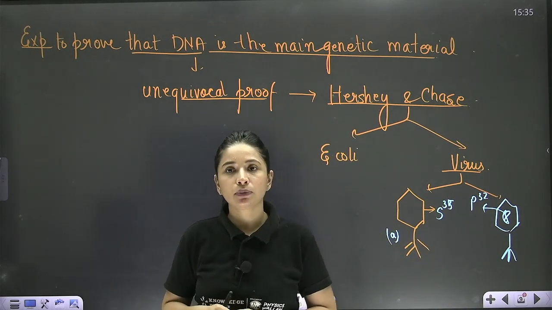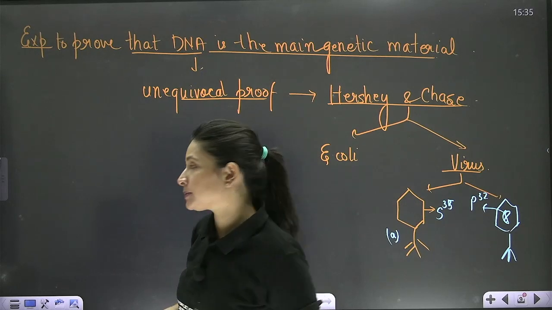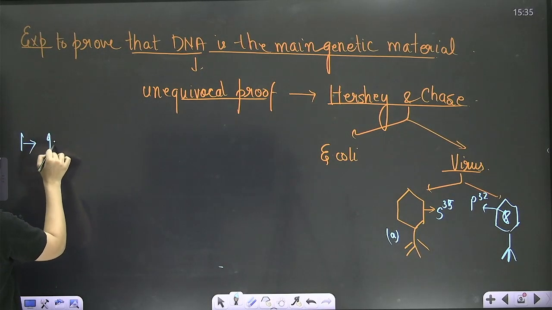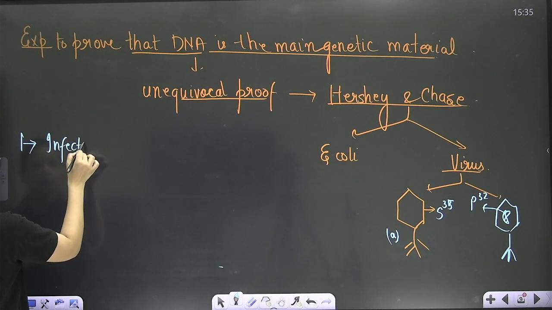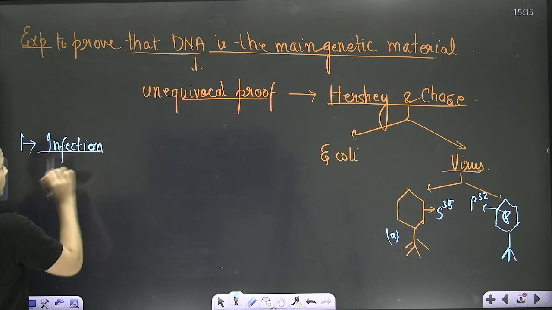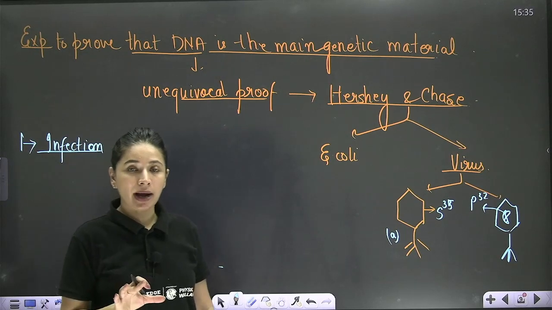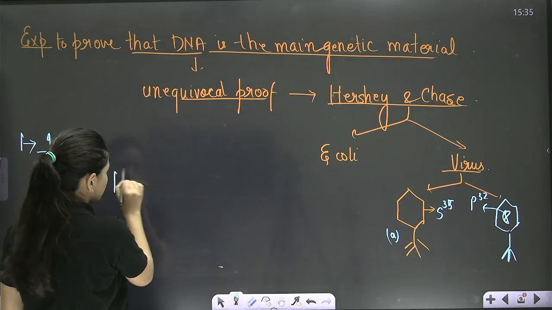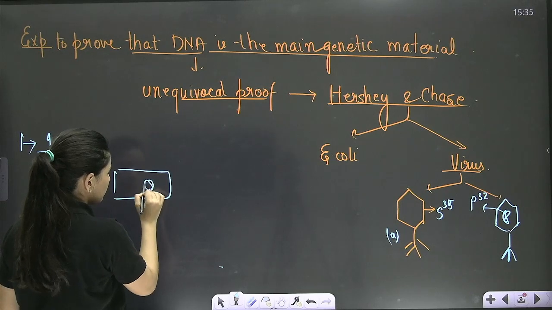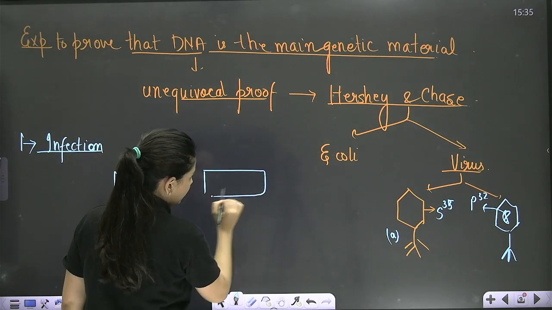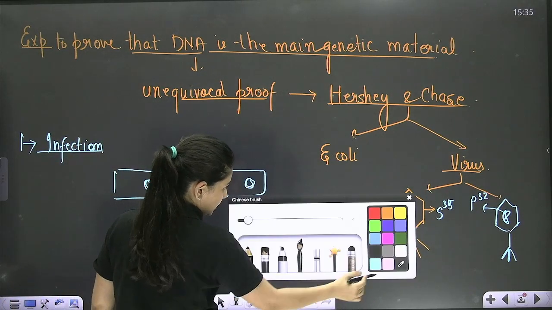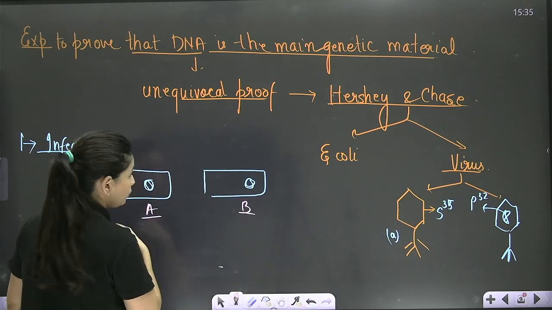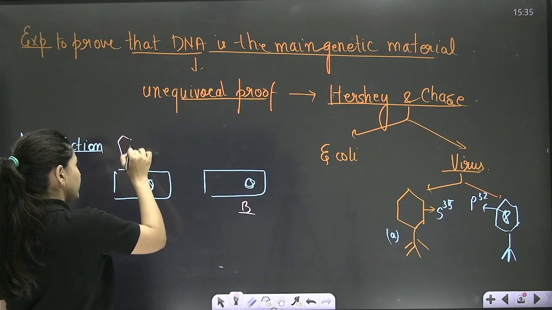And for this, they have 3 steps. The first step is known as infection. Infection means attaching the virus to the bacteria. पहले infect कराओगे, yes or no? Suppose these are my bacteria. This is A bacteria and this is B bacteria, right? Then you will make both your viruses attack them.